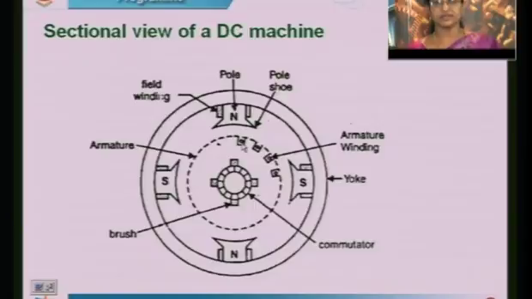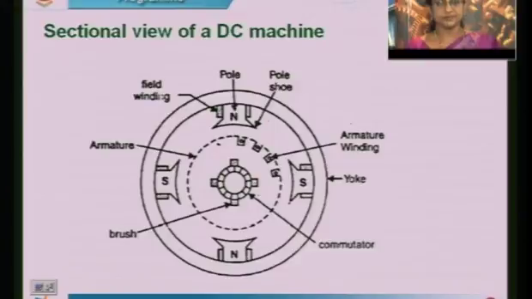The armature is slotted on the outer periphery. Here the conductors are placed. I already told you that the conductor under the influence of north pole, you are going to connect to the conductor under the influence of south pole, and similarly the conductor under south pole to the one under north pole. So you make the turns and then the armature windings.